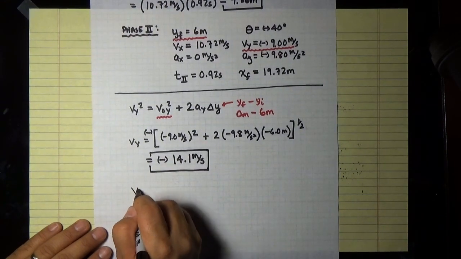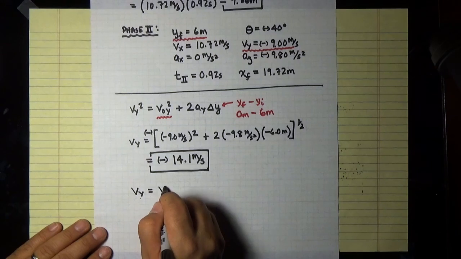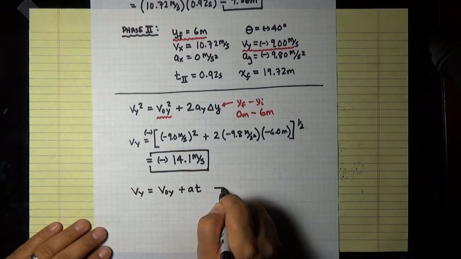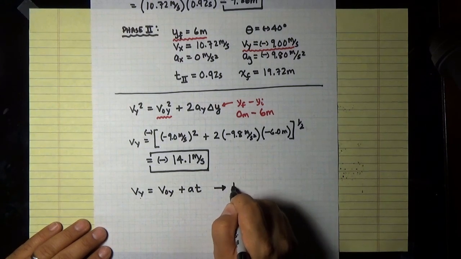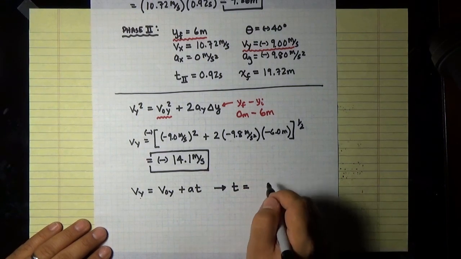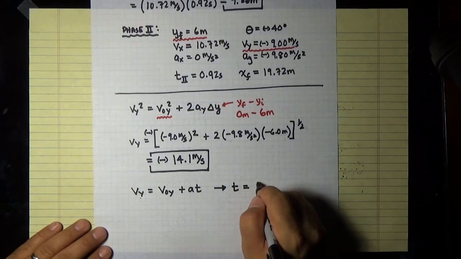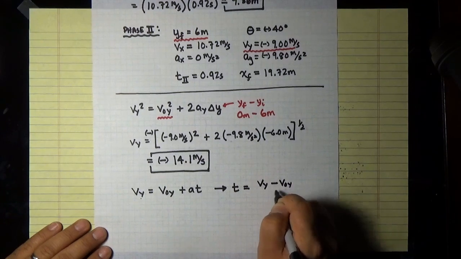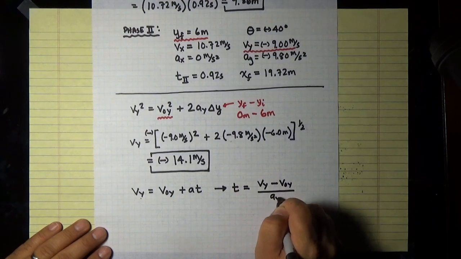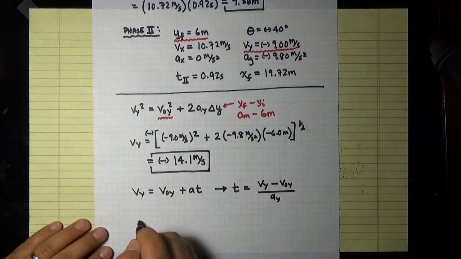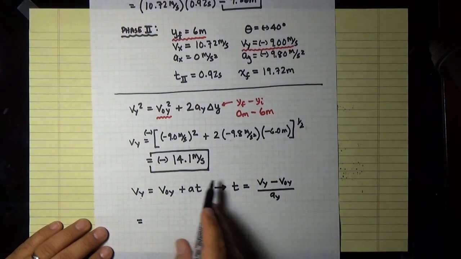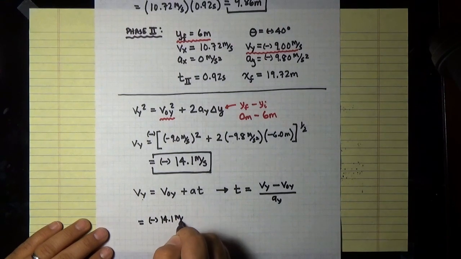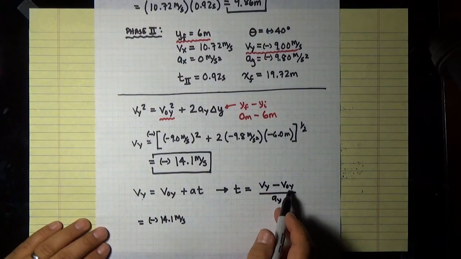The kinematic equation is Vy equals V naught y plus a t. Solving the algebra, t is equal to V final y minus V naught y, all over a_y. Plugging in the numbers, Vy is minus 14.1 meters per second minus my V naught y.